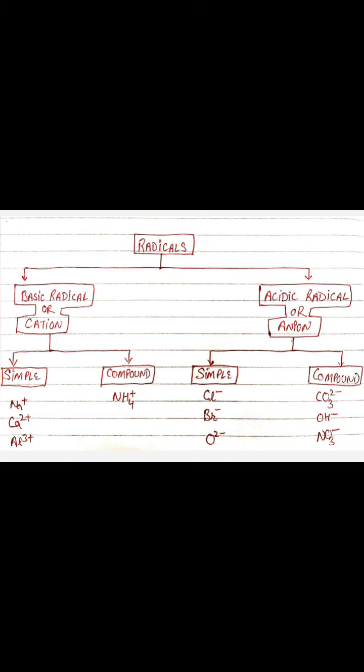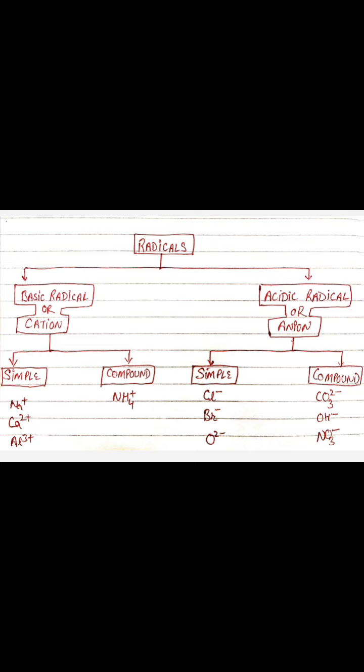Acidic radicals or anions are always negative. Each can be divided into two parts: simple basic radical and compound basic radical. Similarly, in case of acidic radical, simple acidic radical and compound acidic radical.